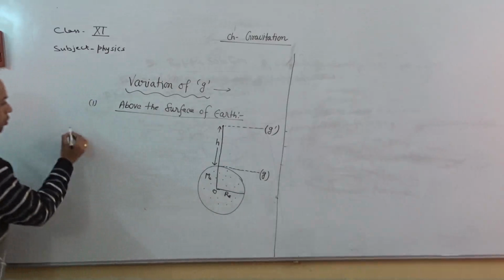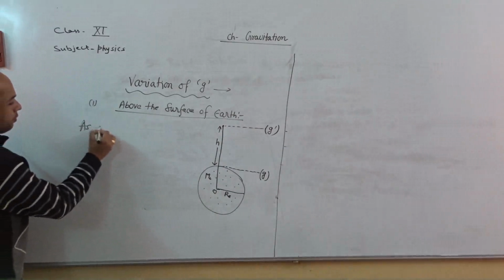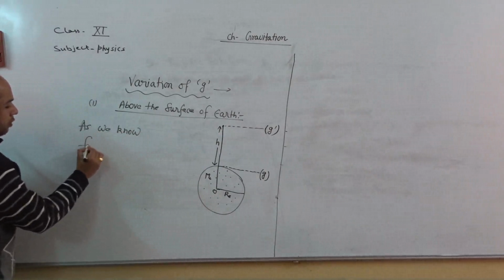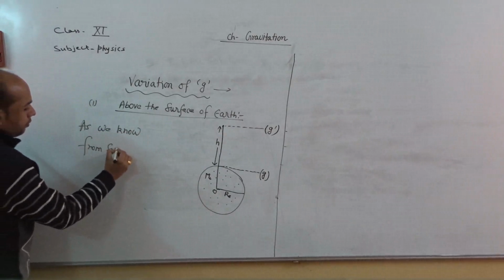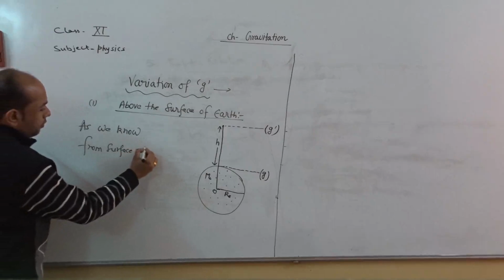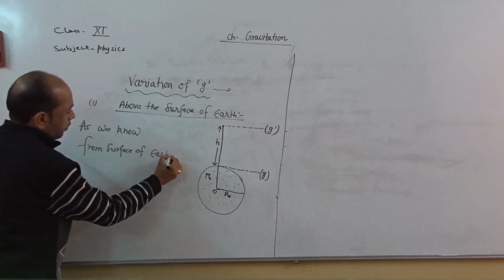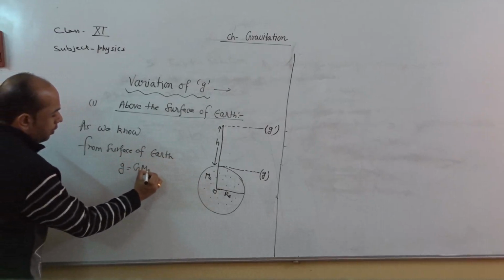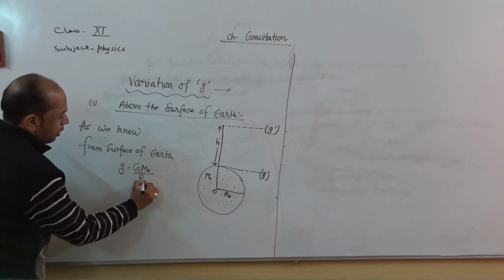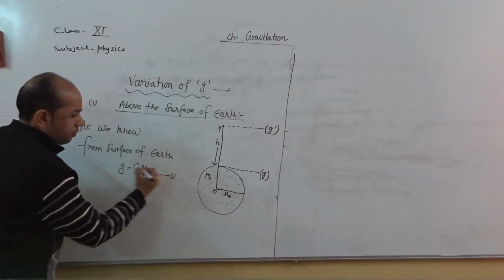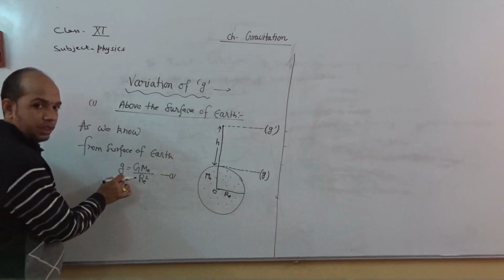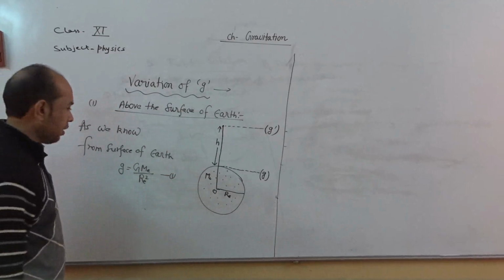As we know, at the surface of Earth, small g = GMe/Re², equation number 1. We have just calculated this in the previous derivation.